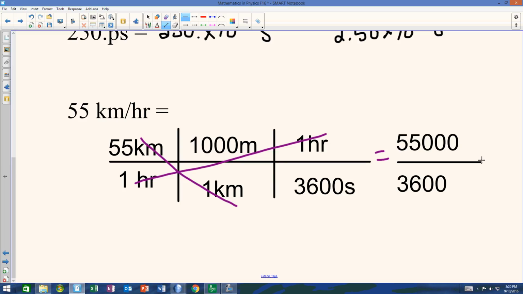So 55,000 divided by 3,600 gives me 15.2. So for my answer, I need the same number of sig figs as what I started with. So I'm going to put 15 meters per second. So 55 kilometers per hour is equal to 15 meters per second. Is that cool or what? It's very cool. Okay. So there you go.